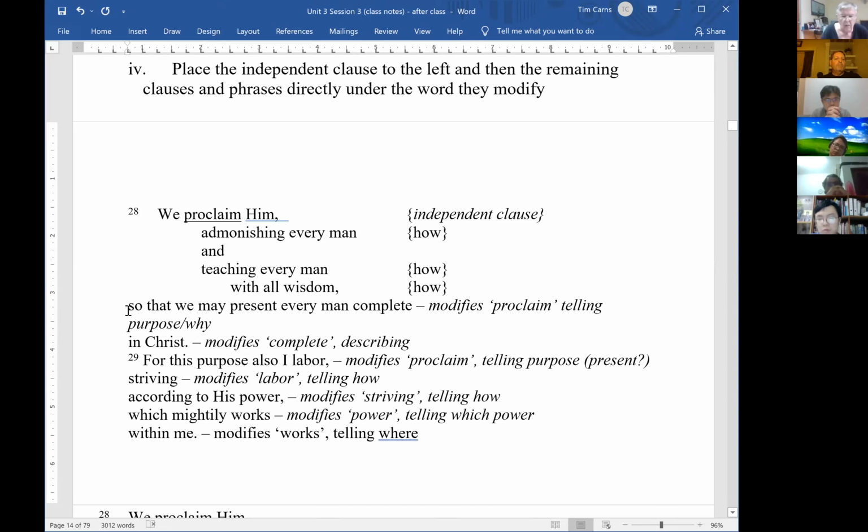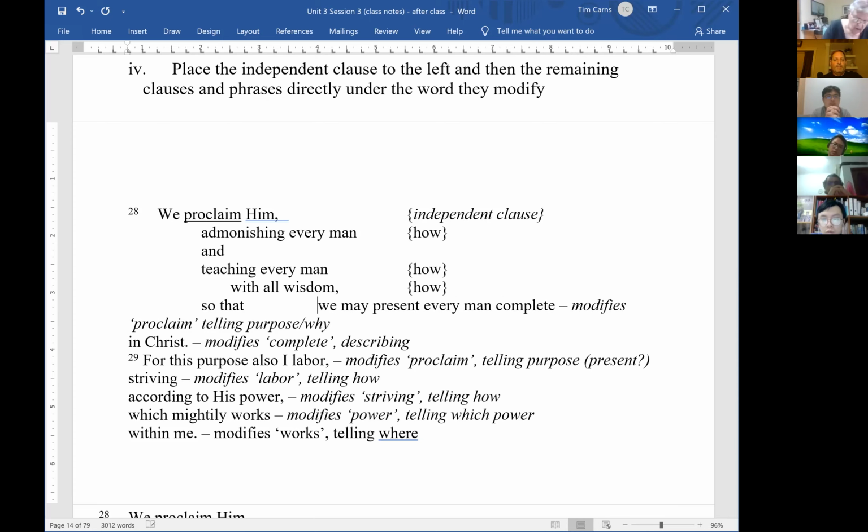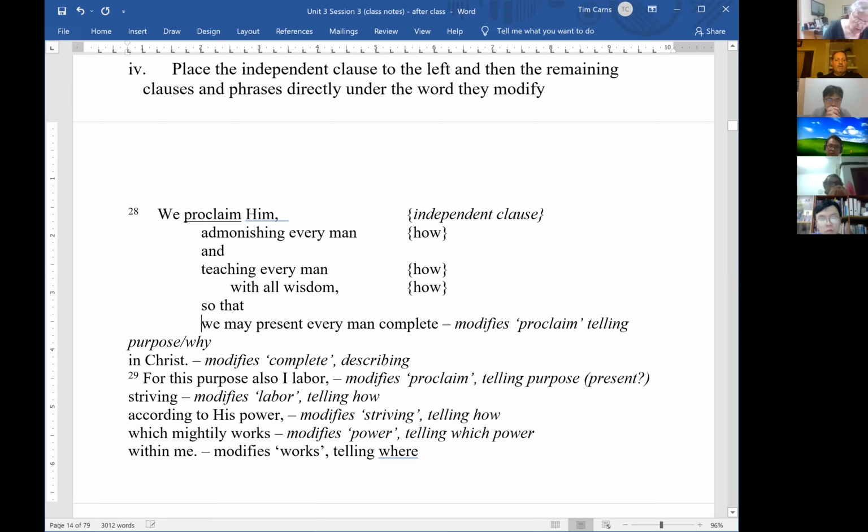So that we may present every man complete in Christ. Again, "so that" is a purpose conjunction, so it's going to be under proclaim. Why do we proclaim? Is the idea.